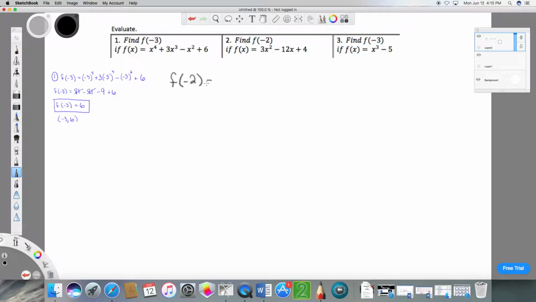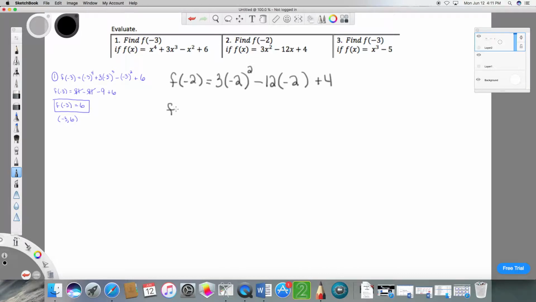So I can do that through substitution. This arithmetic, this is the rule of how every x is related to its y value. So we replace this x with -2. We've got 3 times x squared, so we have 3 times -2 squared, minus 12 times x. Well, it's minus 12 times a -2, and then it's plus 4.